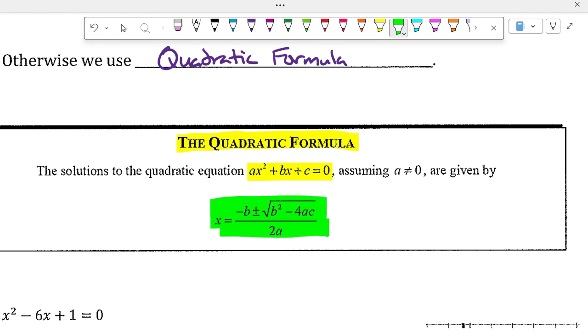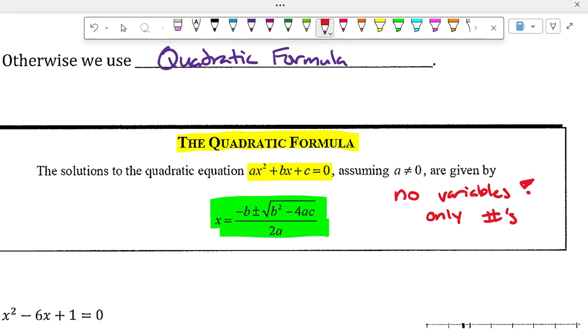Now, a couple of things about the quadratic formula. No variables in it. That's the biggest mistake I see. Only numbers go in it, just like with the discriminant formula.